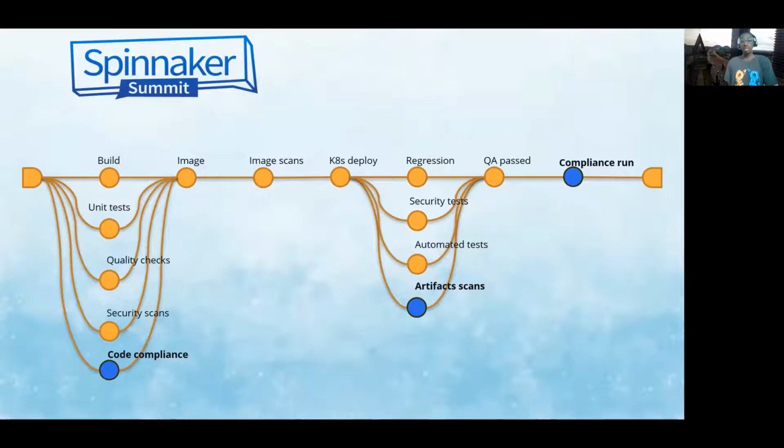An artifact scan stage. So basically, after the application has been deployed to the Kubernetes environment, of course, we know that deploying to Kubernetes will most likely mean an ingress, a service, config map, secret, the deployment itself, the pod, the replica set, and the stateful sets.